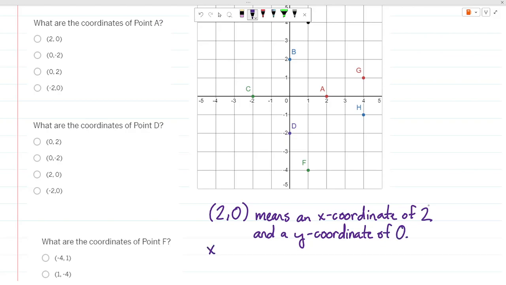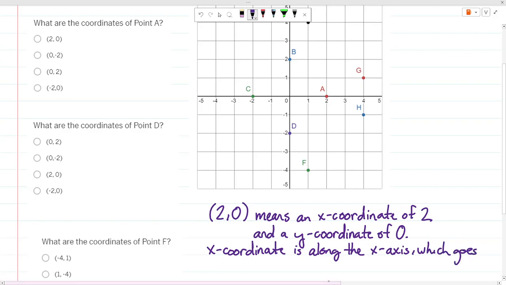So the x-coordinate is along the x-axis, which goes side to side, or you could say left to right. So really the x-coordinate tells us how far to the left or right a point is.